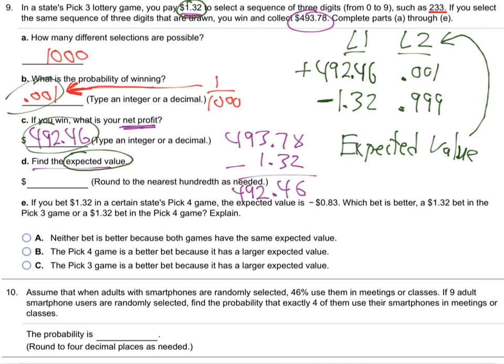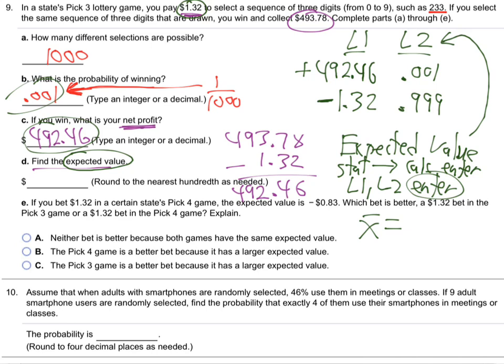Then hit Stat, move over to Calculate, hit Enter, do the L1, comma L2, enter, just like we did last time, and look for the X bar. The X bar, the average, that's what expected value is. It's the average amount of money you expect to win or lose playing this game.